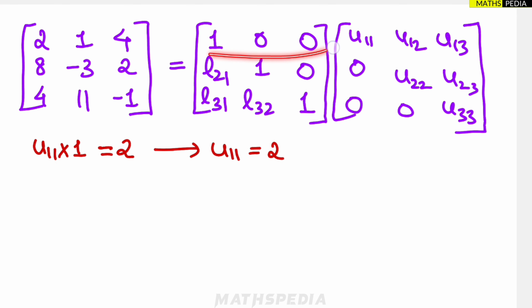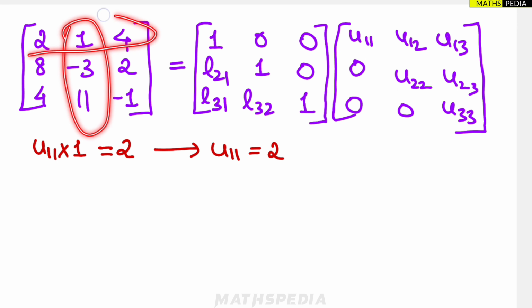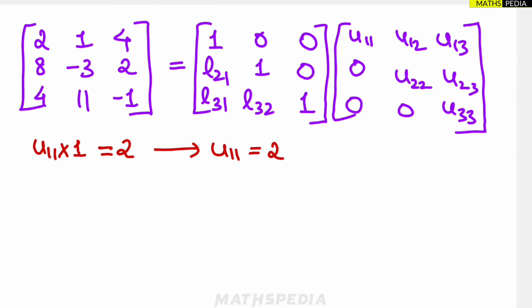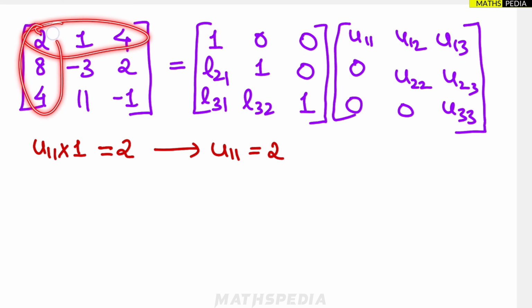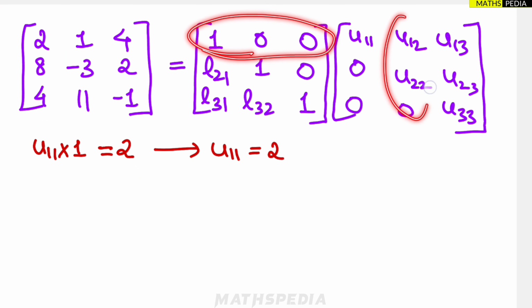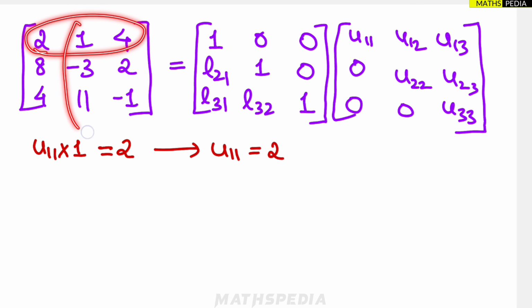Next, I said that the first row and second column you have to multiply. And which element will you compare? The second element, that means the second column, first row. Right? In order to remember, we multiplied first row, first column, and which element is there? 2. That's what we have written here. Now we are going to multiply first row and second column. That means first row, second column, which element will come? That is nothing but 1.